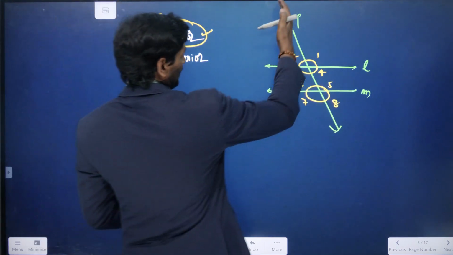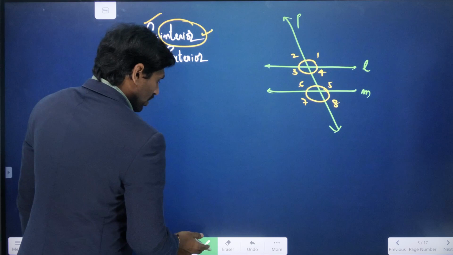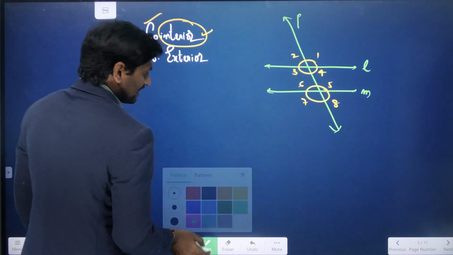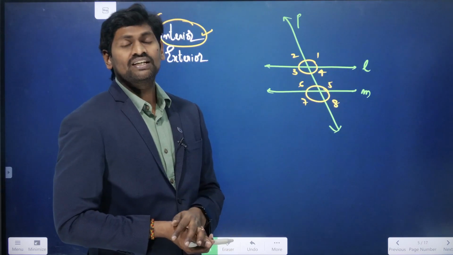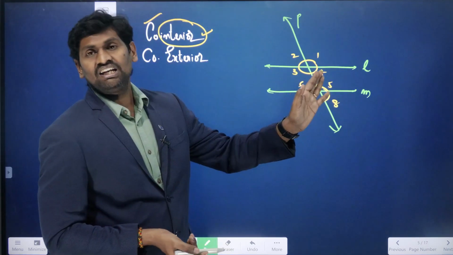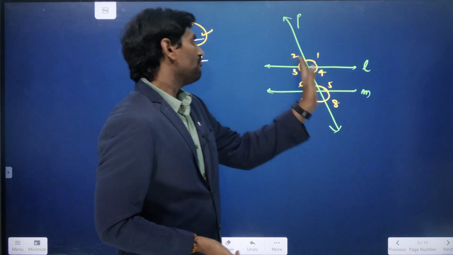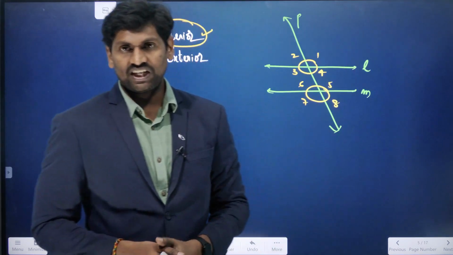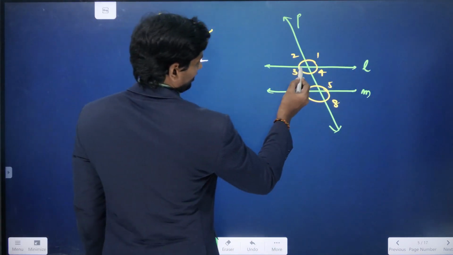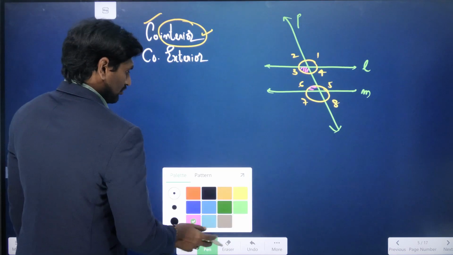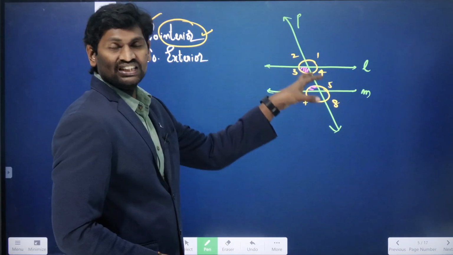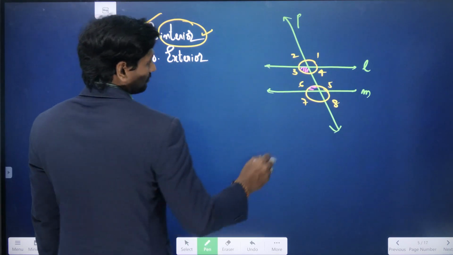Now I am taking P as a transversal. What are the interior angles here? 3, 4, 5, 6. From this, 3 and 6 are on the left side of the transversal, 4 and 5 are on the right side of the transversal. Okay, na? So from this we can say that 3 and 6 are co-interior.